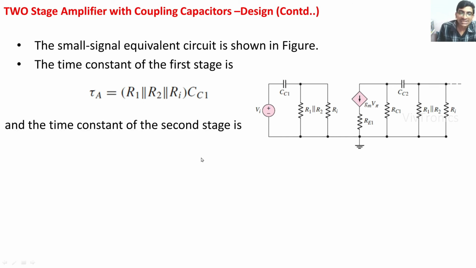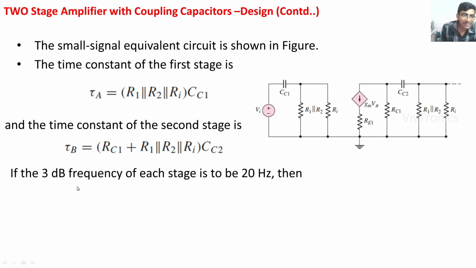And for the time constant at the second stage, we have the capacitance CC2 multiplied with RC1 plus R1 parallel R2 parallel Ri. Here RC1 is in series with this parallel combination, because CC2 is in between the parallel combination of these resistances and RC1.